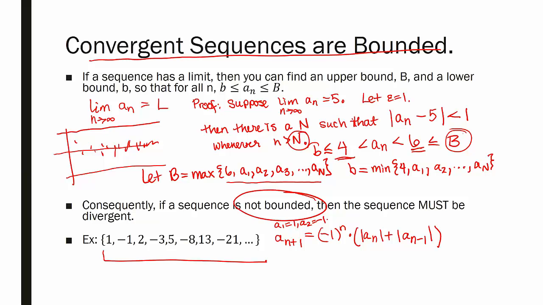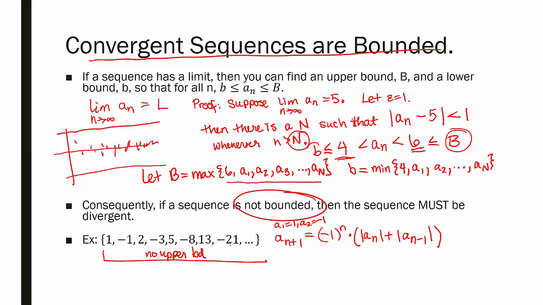But what we can notice is that because every other term is positive, the positive ones are growing ever bigger. So there's no upper bound. The Fibonacci sequence was an example of a sequence that we said diverged. If you pick a real number, you can find a term after which every term is bigger than that number. And that'll be true for the even terms here.